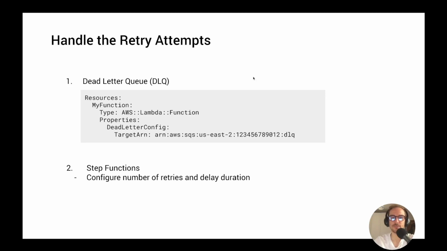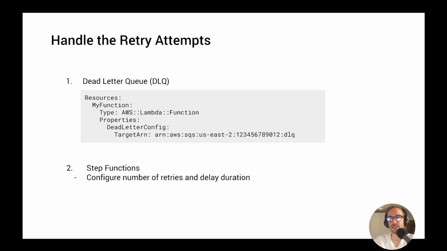So you can handle the retry attempts in different ways. I'm gonna explore 2 ways: the dead letter queue and the step functions. So let's focus first on the dead letter queue. The dead letter queue is a queue where you're gonna send the events, either to an SQS queue or an SNS topic.